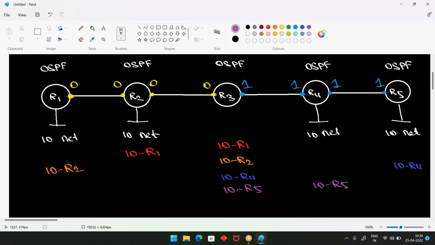Okay, assume this R4 router's capacity is 30 networks only, guys. Now tell me, can R4 store these 20 networks this time? Is it possible?